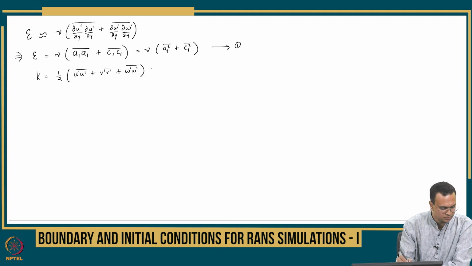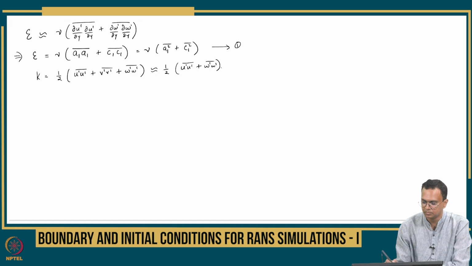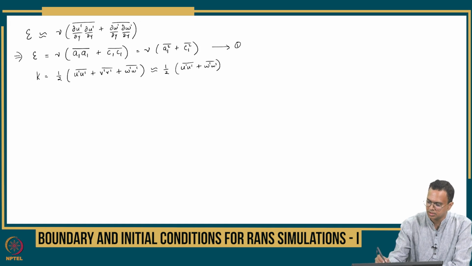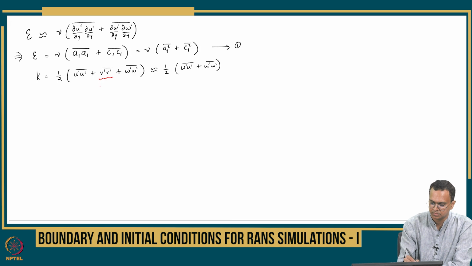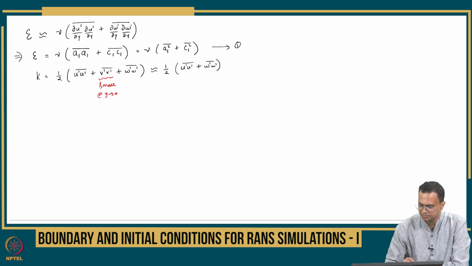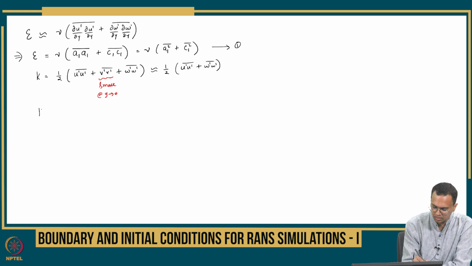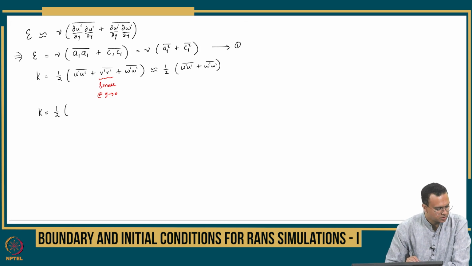So, this is approximately equal to half of your u prime bar plus w prime bar. This is a much smaller term, right, in the near wall zone. So, that implies K now is equal to half of the u prime square.